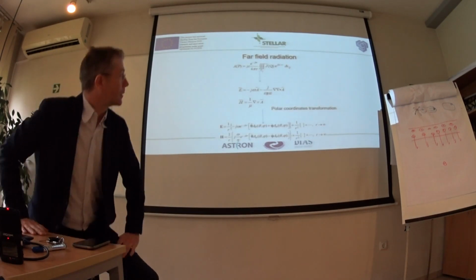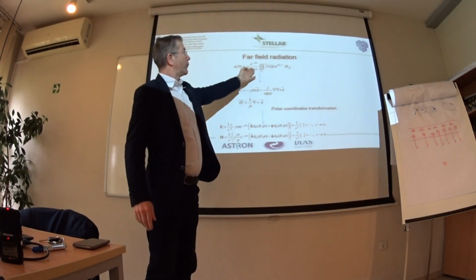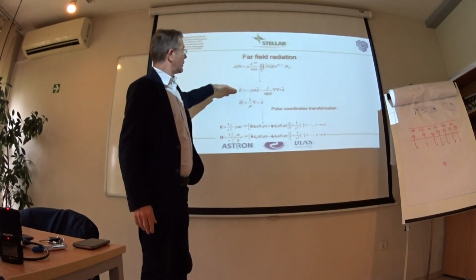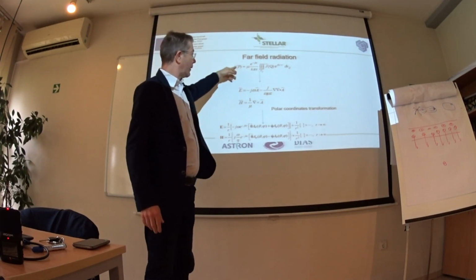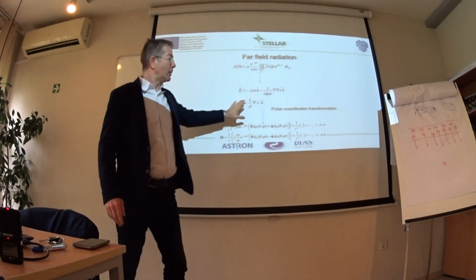And that is how we deliver the A vector from a current, and the E and H vectors from the A vector. Very beautiful, right? Simple.